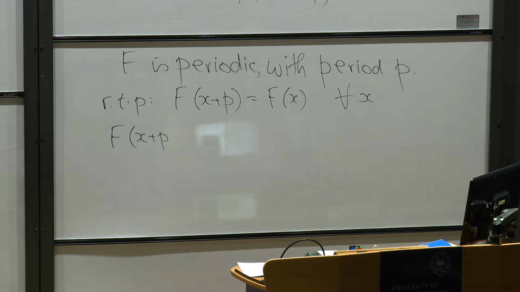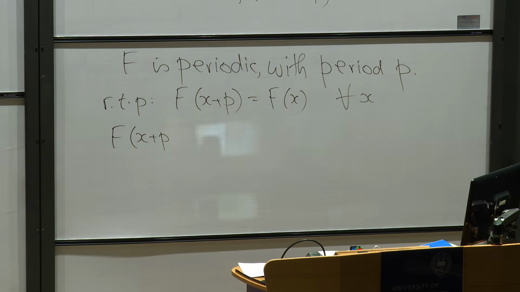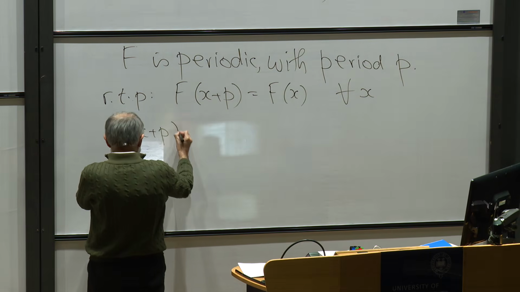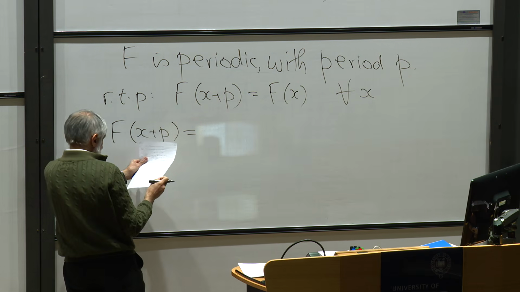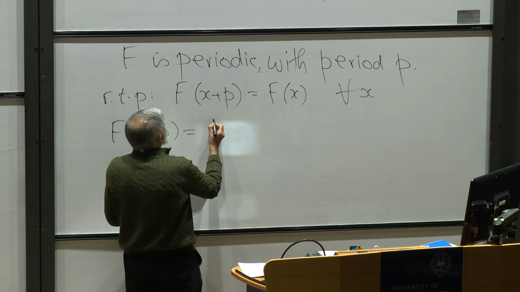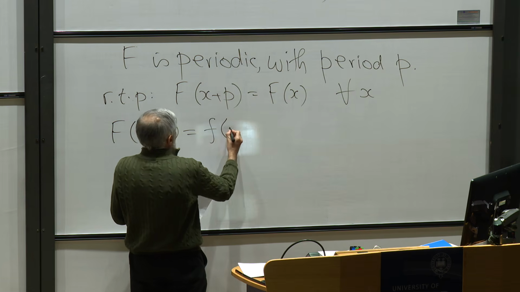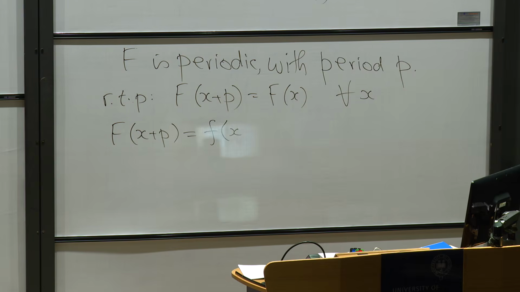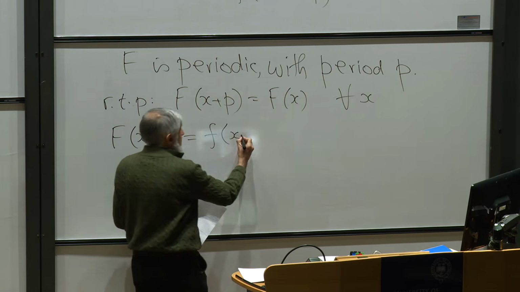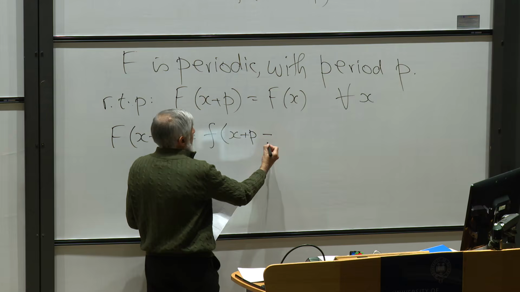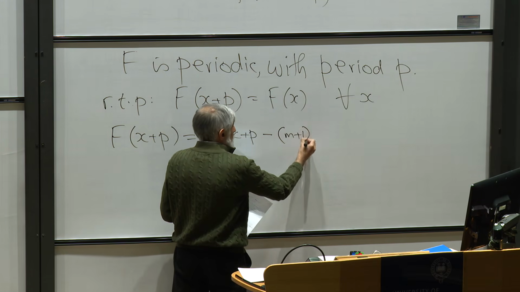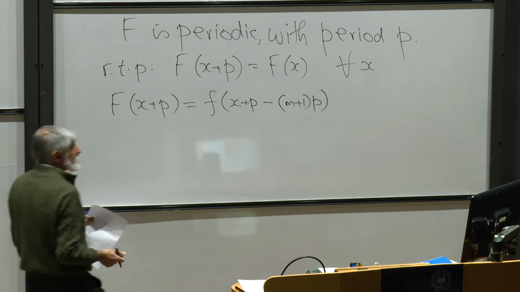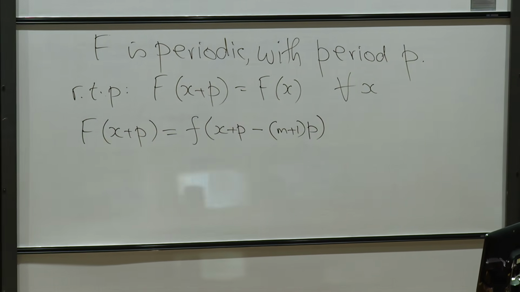Well, F of x plus p must equal, by definition, little f of x plus p minus some m. And we can write that as x plus p, and the m, let's just write it as m plus 1. Okay, because m is an integer, m plus 1 is an integer, so it doesn't really matter.